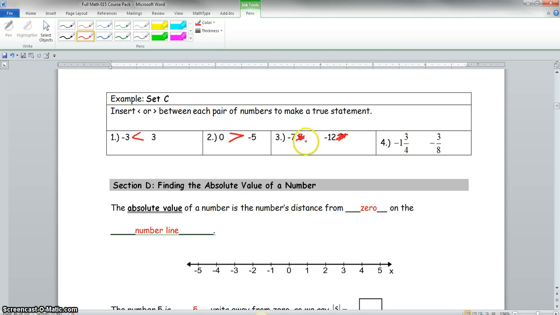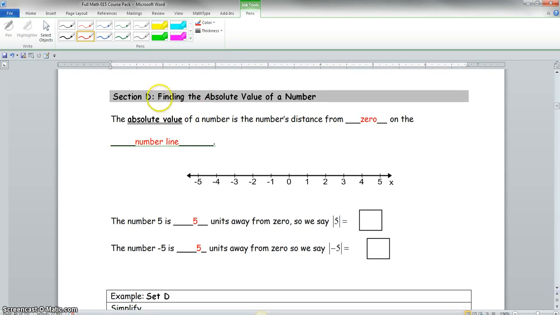Whichever one is closer to 0 is the larger number. We know -7 is closer to 0 than -12. So -7 is greater than -12. So your arrow will point to this -12. Okay, now with number 4, we'll cross out number 4 because we haven't covered fractions yet.